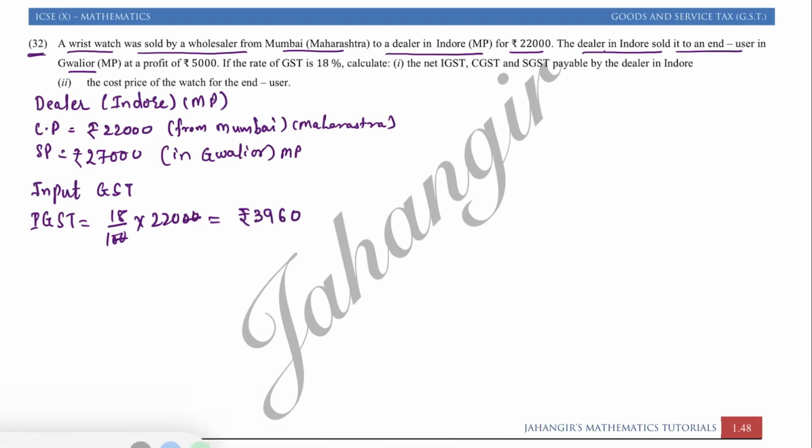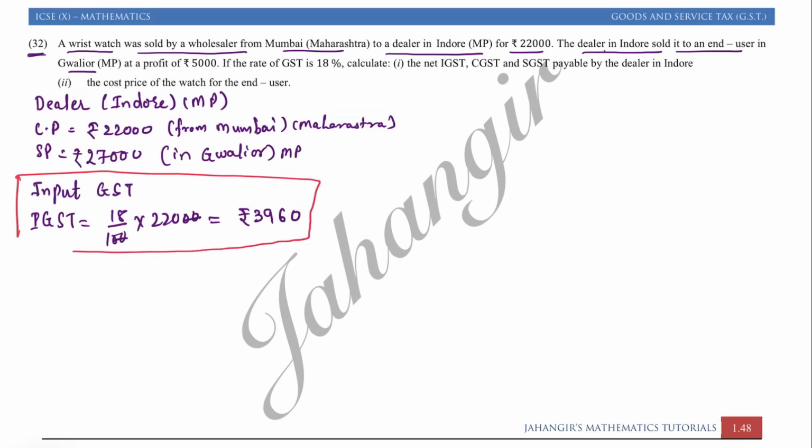Let us block it. Here this much tax, 3960, has been paid by the dealer in Indore while buying the wristwatch. Now output tax. Output tax will be collected. Output GST we will write.